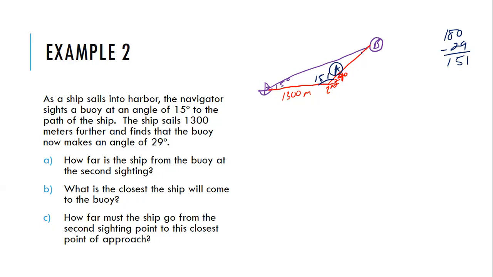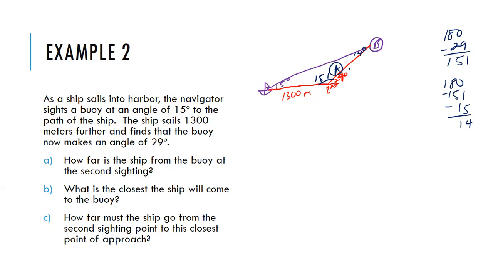And therefore, we also can solve for angle B, right? Angle B is found by 180 minus 151 minus 15, which gives me 14. So we know that angle B is 14 degrees up here.